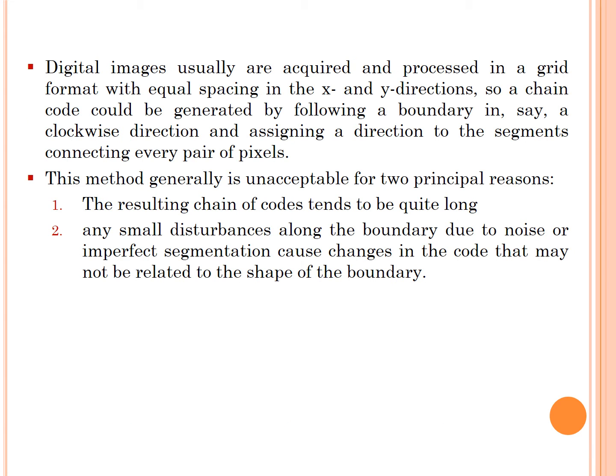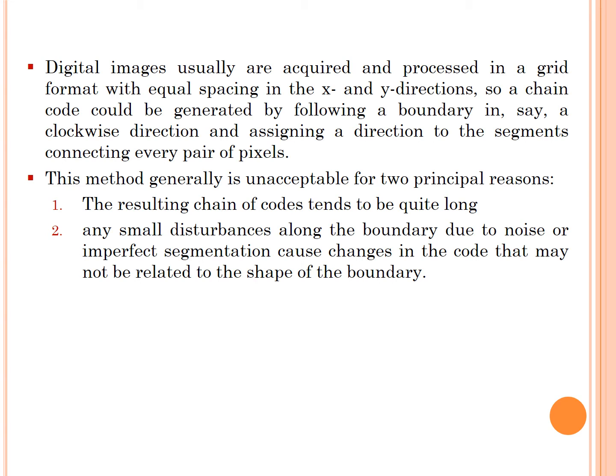Digital images usually are acquired and processed in a grid format with equal spacing in the x and y directions. So, a chain code could be generated by following a boundary in, say, a clockwise direction and assigning a direction to the segments connecting every pair of pixels.